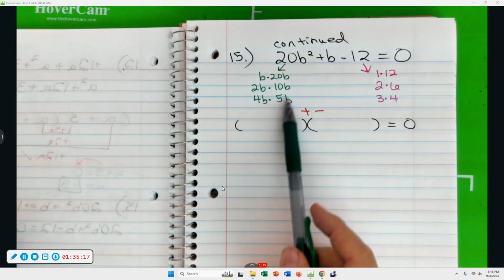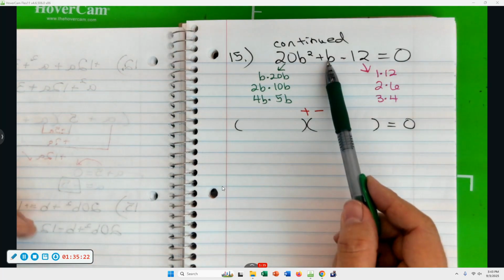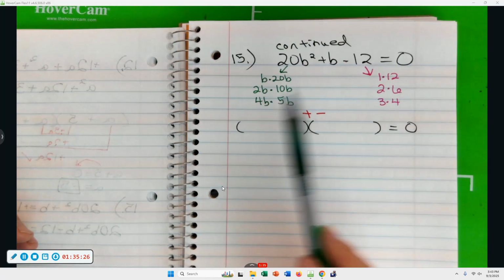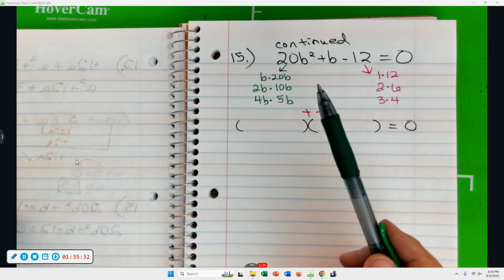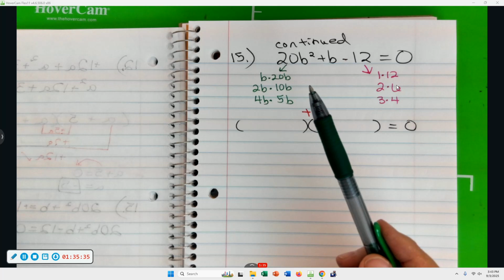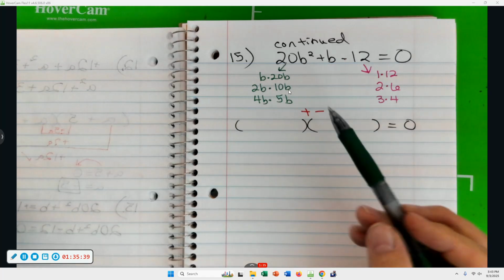What do y'all want to start with here? What's the coefficient on that b term right there? 1. Just 1? So I think you're going to need numbers that are real close together. Another thing, every one of these possibilities over here has even numbers. 2 and 10 can't possibly work.